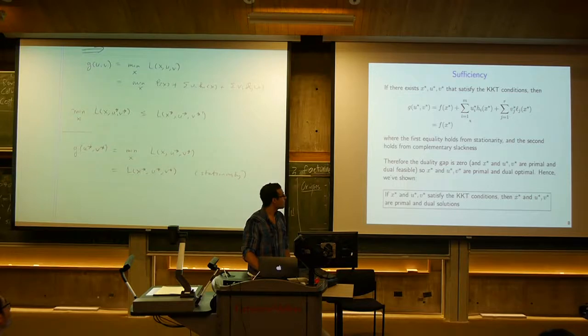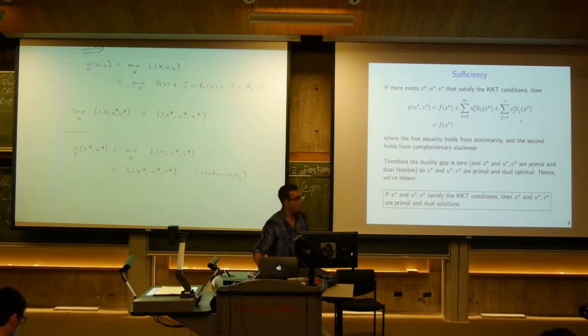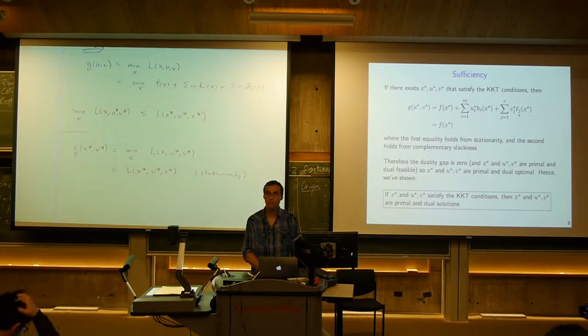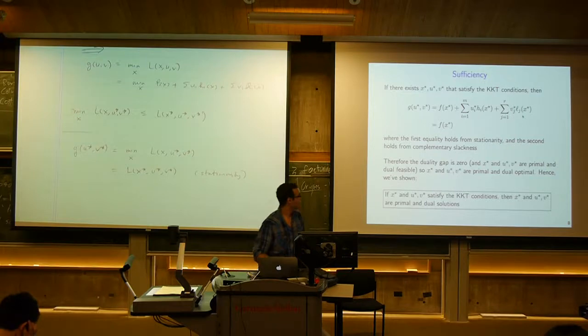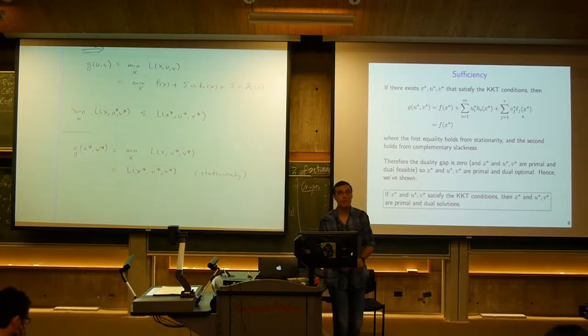Now let's invoke complementary slackness and say that the product of u_i and h_i at x star must be 0 for every i. That's complementary slackness, so this whole term is 0. And part of the KKT conditions is feasibility, so l_j of x star must be 0 for each j. So this whole term is equal to f of x star.